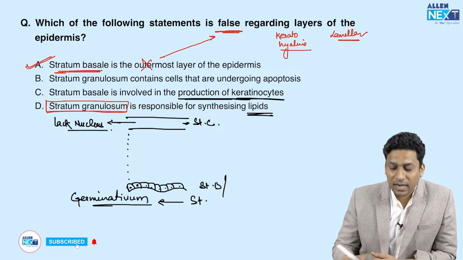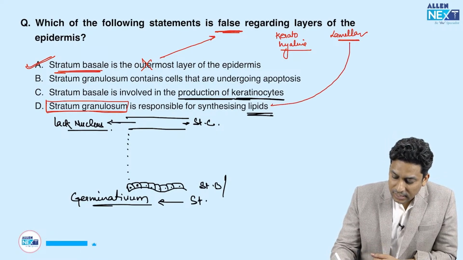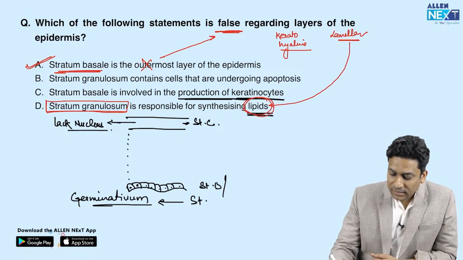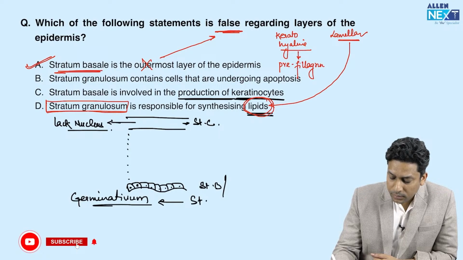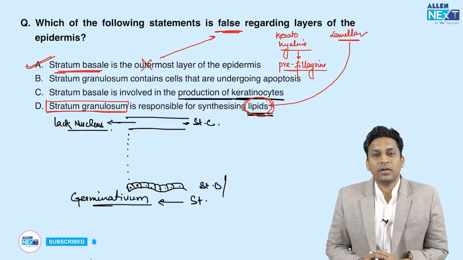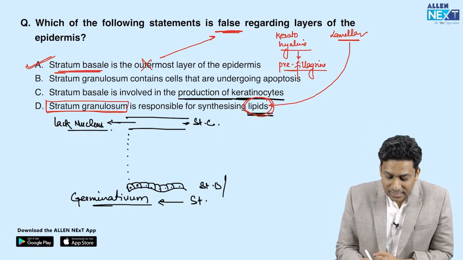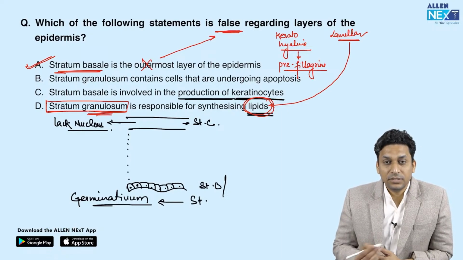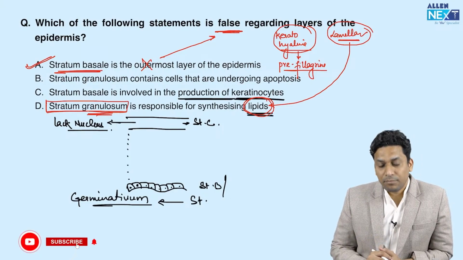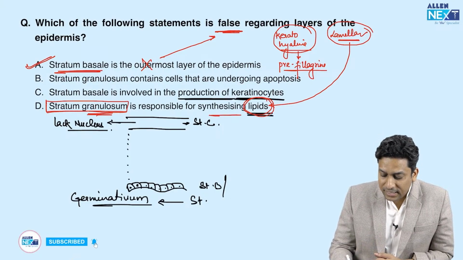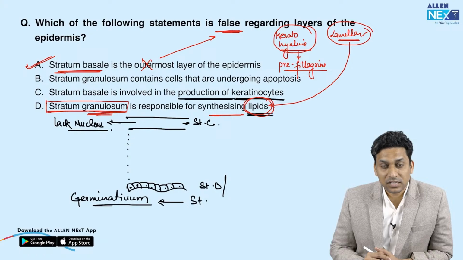Now, these lamellar granules are the ones which synthesize lipid, and the keratohyaline granules synthesize profilaggrin. So these are two important points to remember, that yes, in stratum granulosum granules are present. Which granules? Keratohyaline granules and lamellar granules, and these lamellar granules help in synthesizing lipids. So this is also a correct statement.